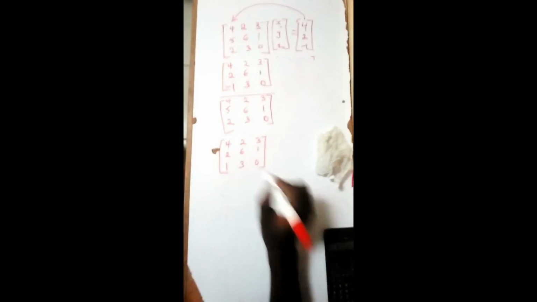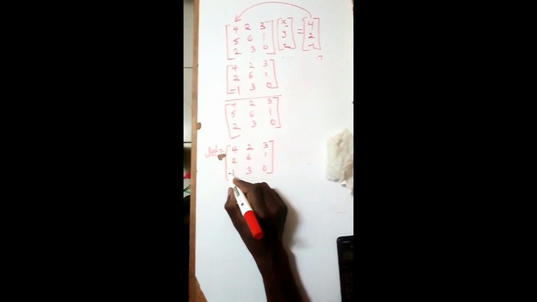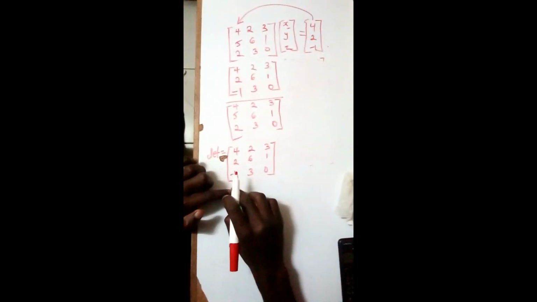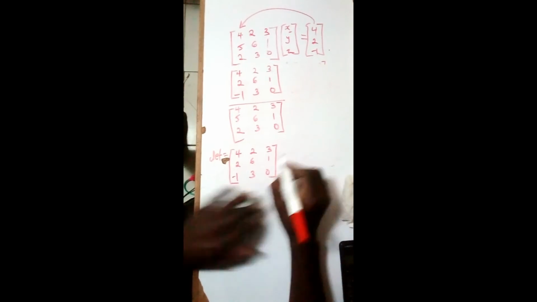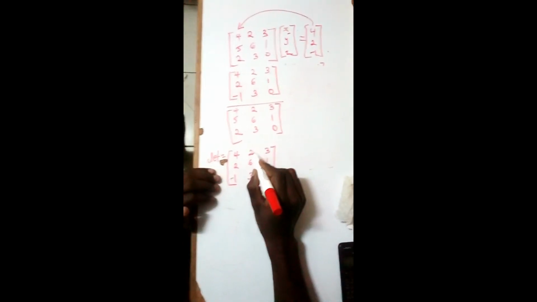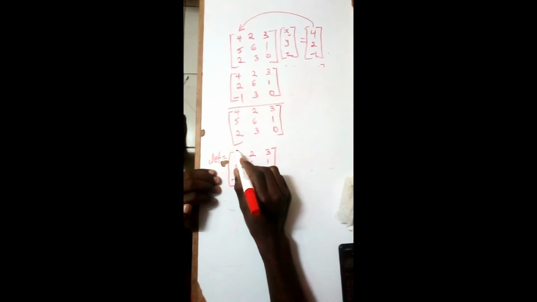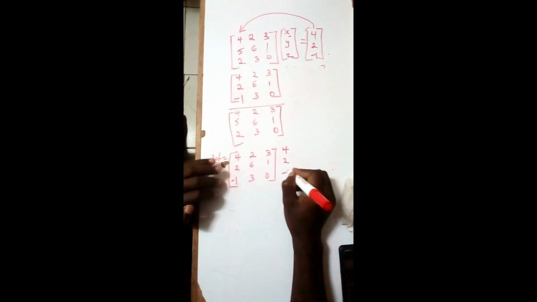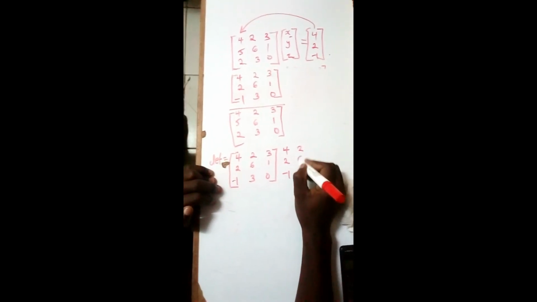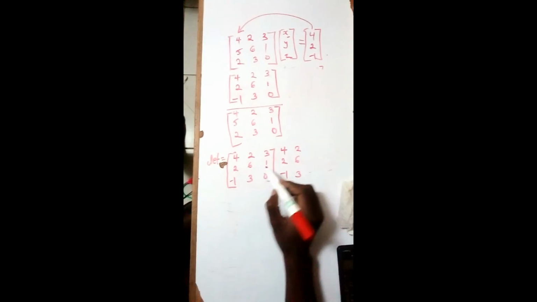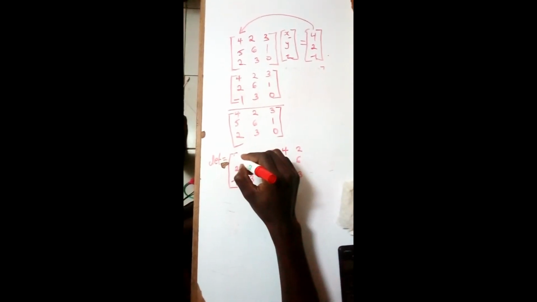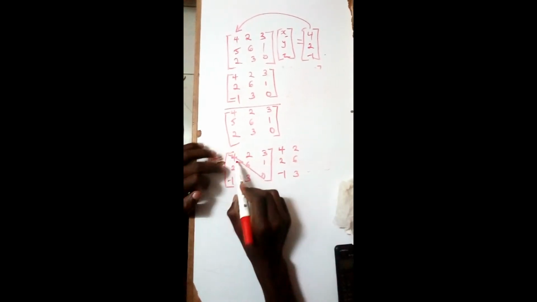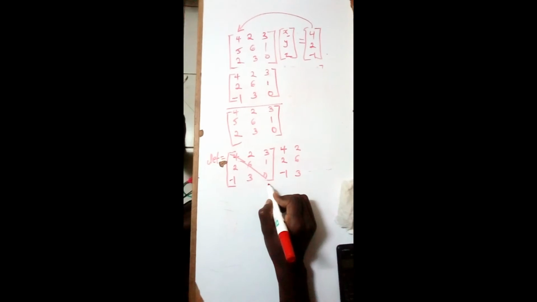To find the determinant, note this is a negative. I forgot, this is a -1. We extend these two rows and bring them here: 4, 2, -1, 2, 6, 3. Then we multiply the diagonals. 4 multiplied by 6 multiplied by 0 is 0.